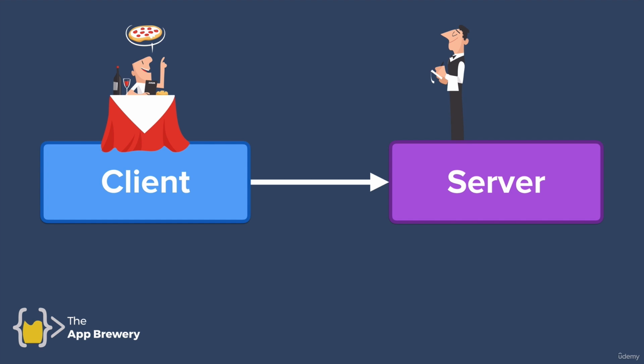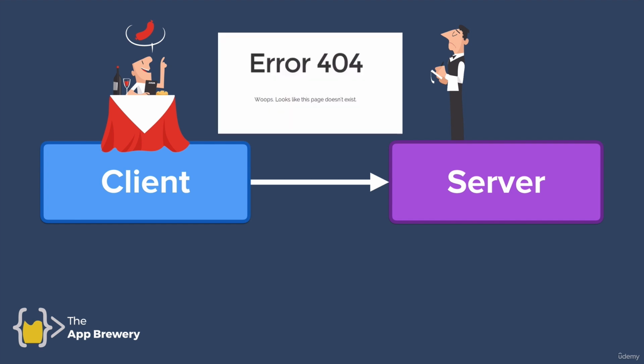And if so, he will smile graciously at you and fulfill that request. But if the client requested something that they didn't have, for example, a sausage, and it's not on the menu, then the server would give you an error code, a classic one, of course, being 404, which is resource doesn't exist. We don't stock sausages.